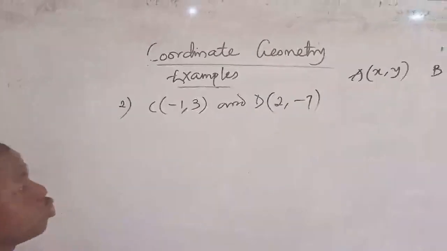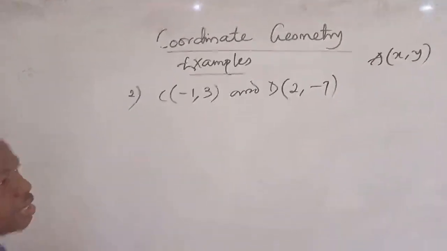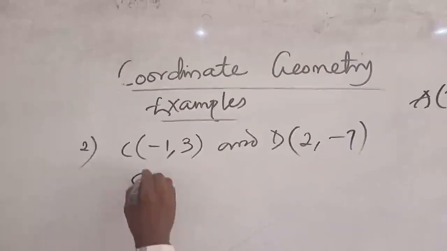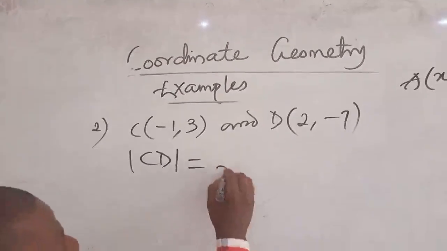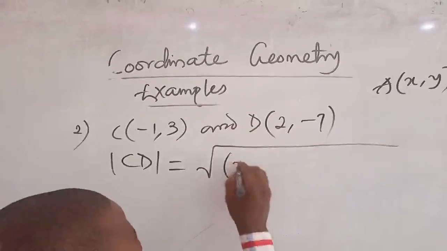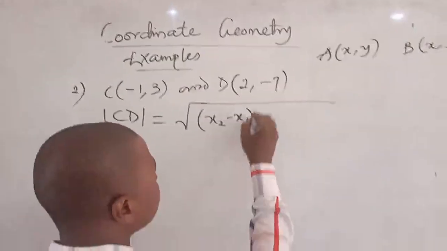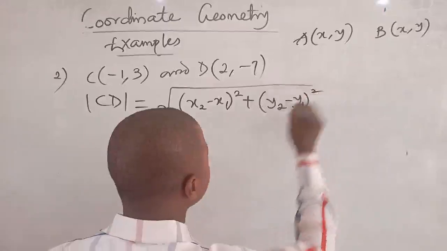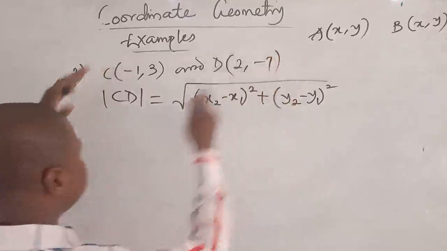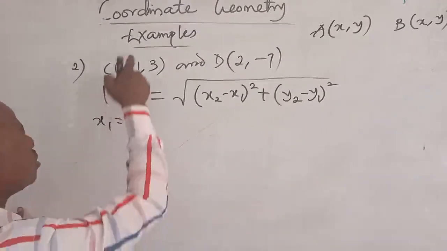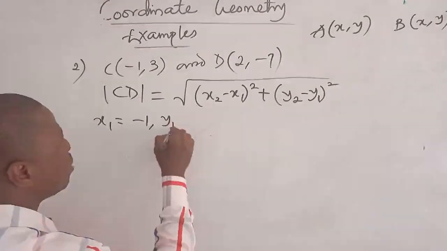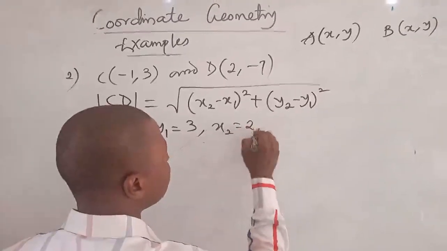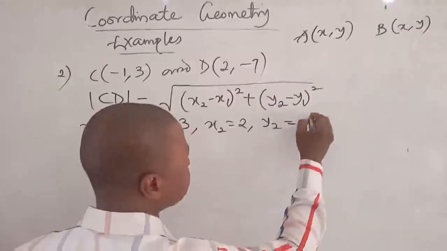Let's look at example 2, C into minus 1, 3 and D into 2, minus 7. So distance CD equals square root of x2 minus x1 all squared plus y2 minus y1 all squared. From the coordinates given, our x1 is minus 1, our y1 is 3, then our x2 is 2, and our y2 is minus 7.